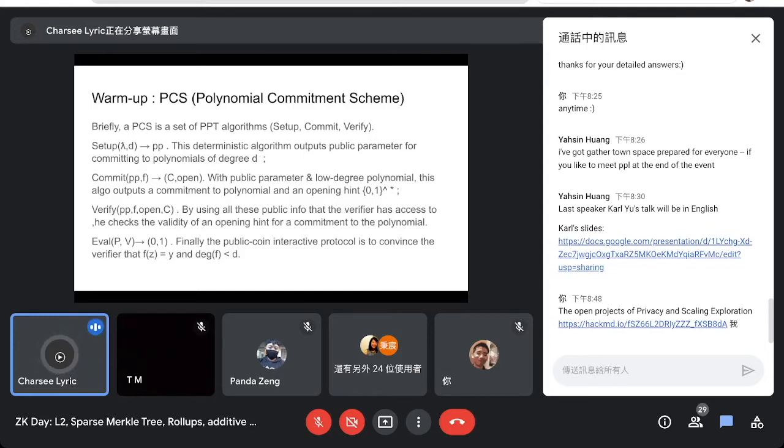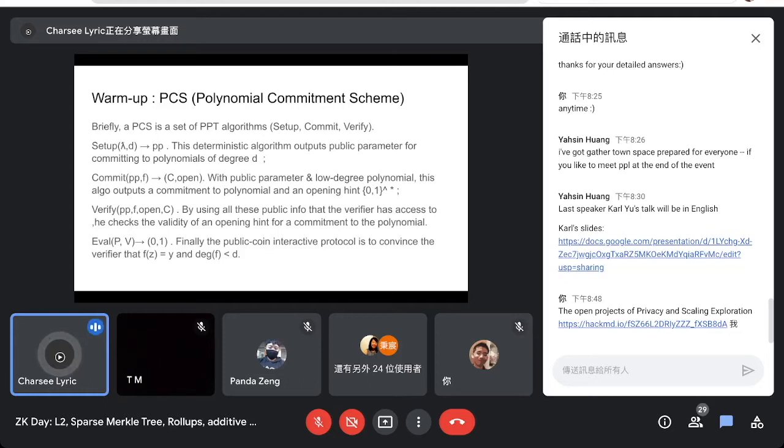Basically, a polynomial commitment scheme is a set of algorithms which consists of setup, commit, and verify and the evaluation. In the first phase, the setup phase, this is a deterministic algorithm that outputs public parameters for committing to polynomials of degree D. So you can see very schemes that leverage the low degree extension of a polynomial.